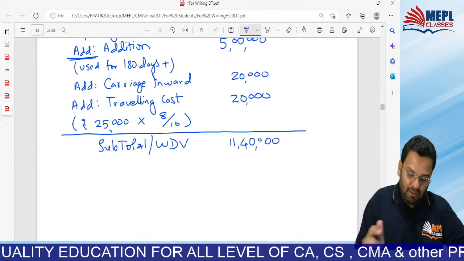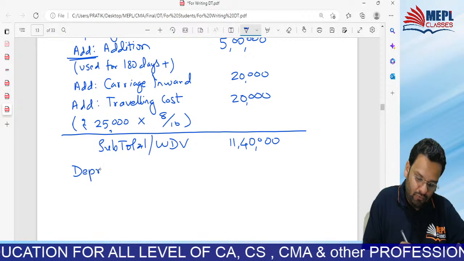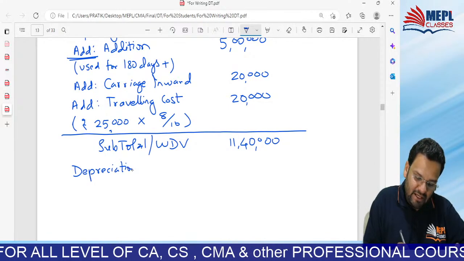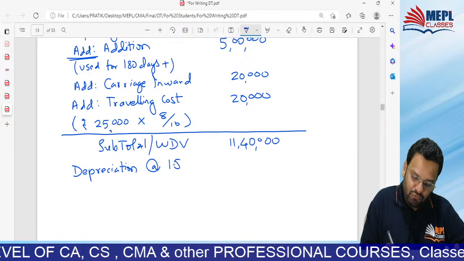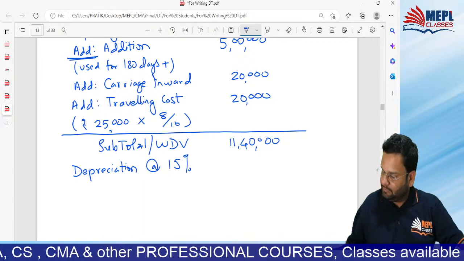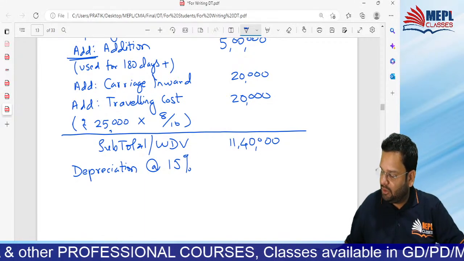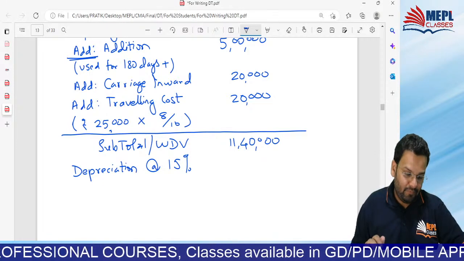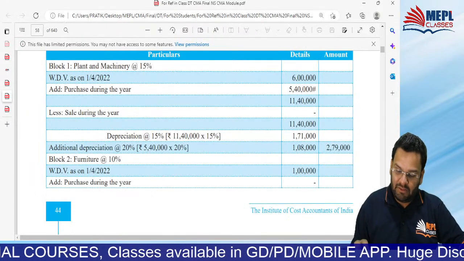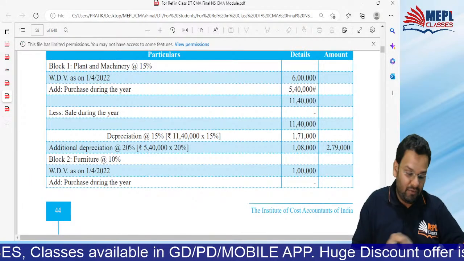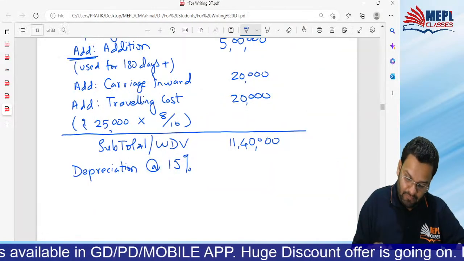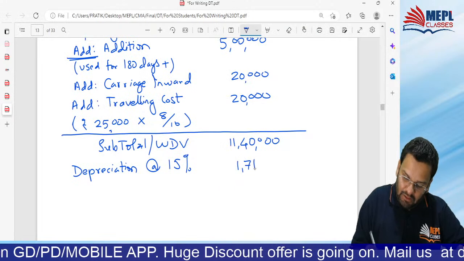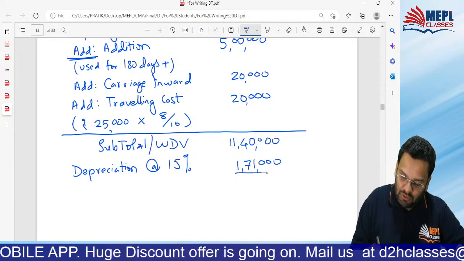On this 11,40,000, you claim depreciation at the rate of 15%. So 11,40,000 into 15%, check whether it is 1,71,000. It is 1,71,000.